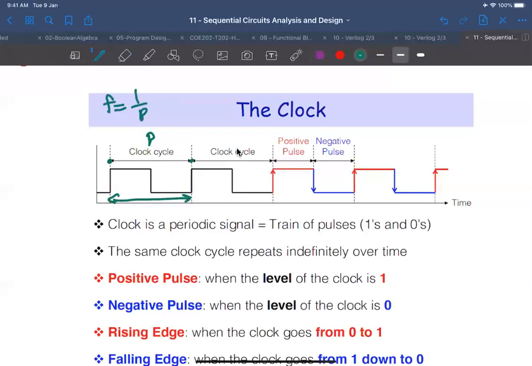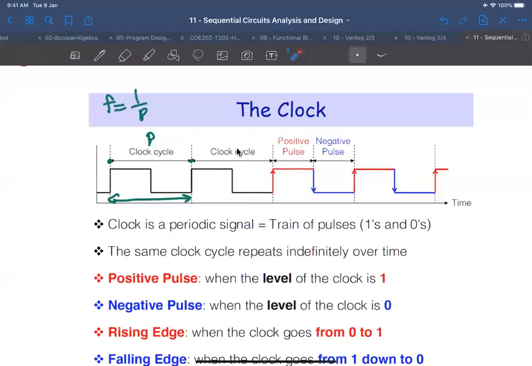Now, there are other definitions about the clock. We call this level the positive pulse of the clock, and this one the negative pulse, or this is 1 and this is 0. Another relevant definition is the rising edge or the falling edge.